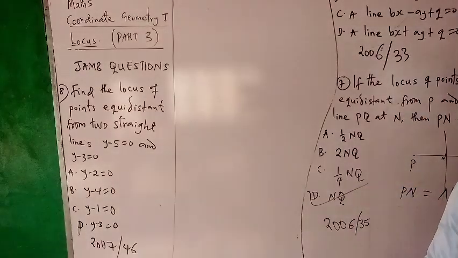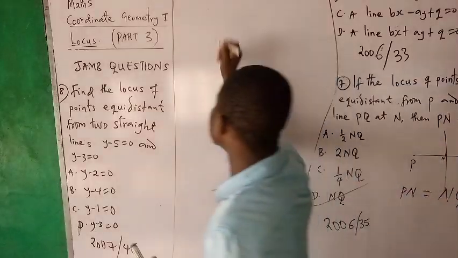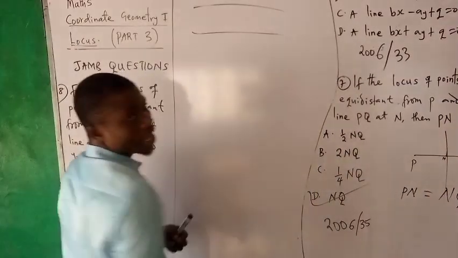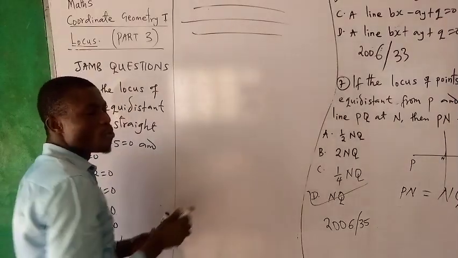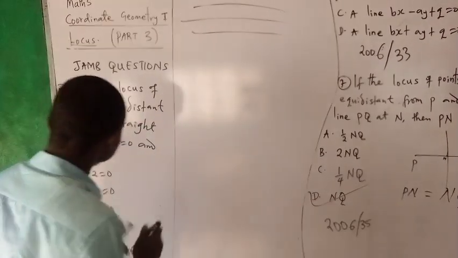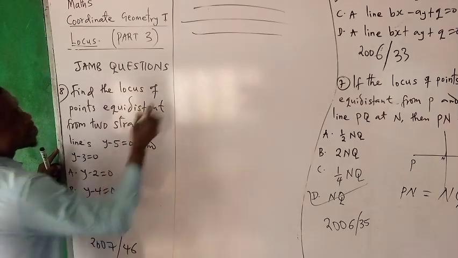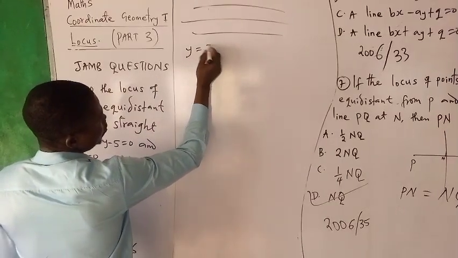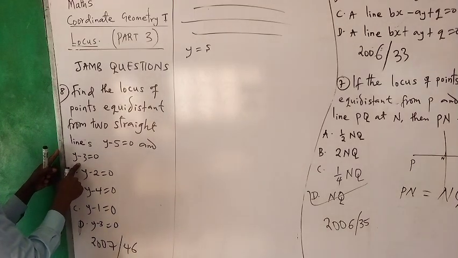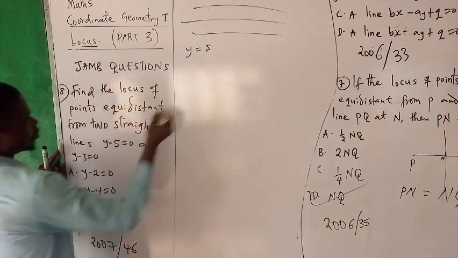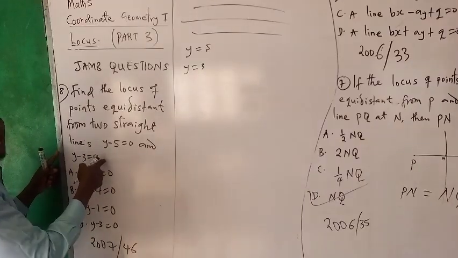I said that it must be a line midway between them, and it also must be parallel to the two lines. The first line is y minus 5 equal to 0, meaning that y must be equal to 5. The second line is y minus 3 equal to 0. It means that y will be equal to 3.